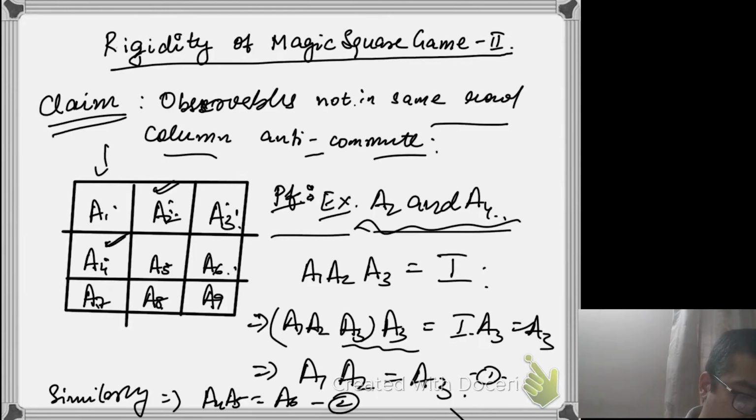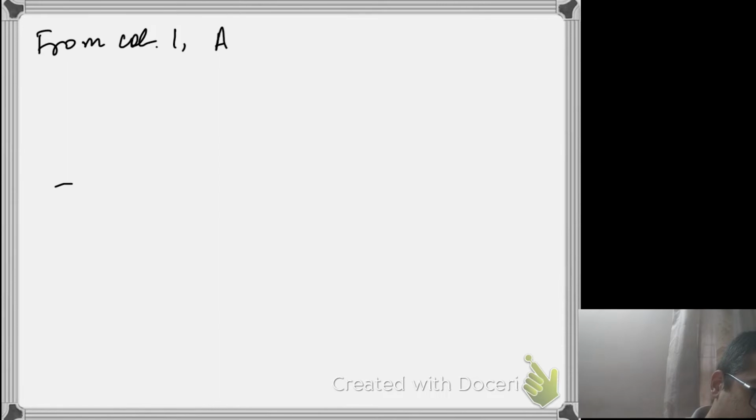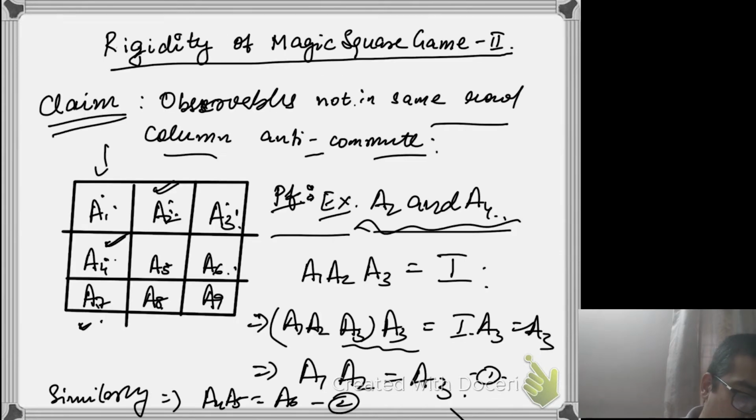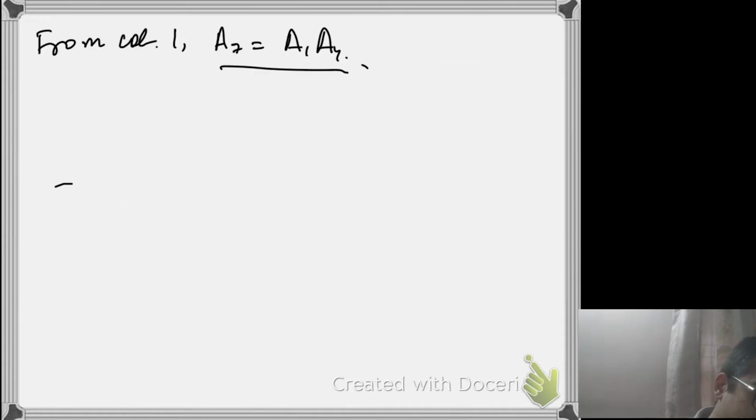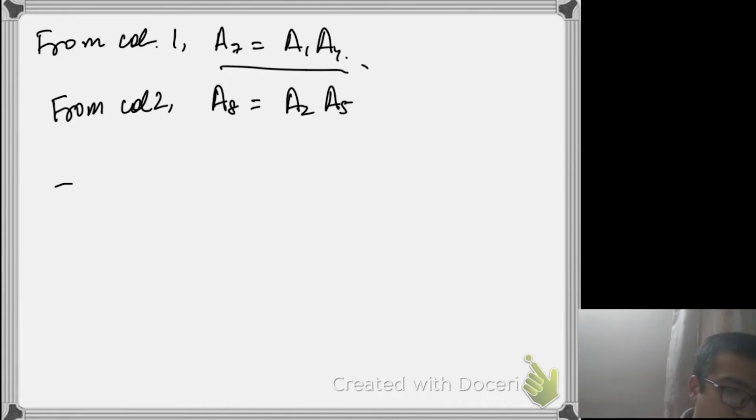From the first column, the observables multiply to identity, and then I post multiply both sides by A7 and I get that A7 is A1 A4. And now if I look at the second column, I get that A8 is A2 A5.